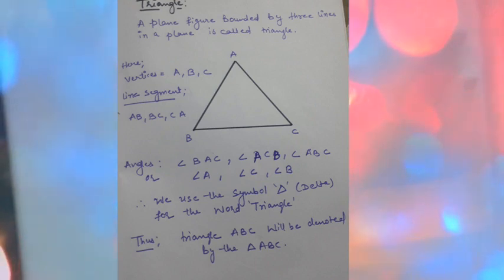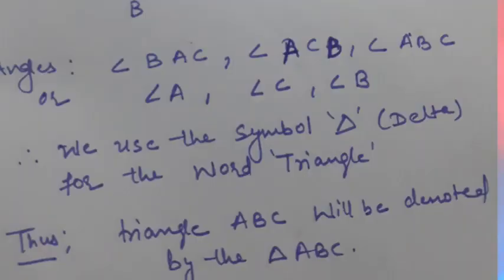We use the delta symbol to represent a triangle, so triangle ABC is represented with this symbol.